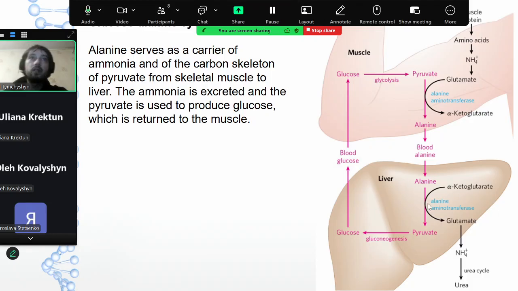While this alanine, as I hope you remember, is an amino acid, part of it is transformed into glucose, but how do we get rid of the nitrogen?